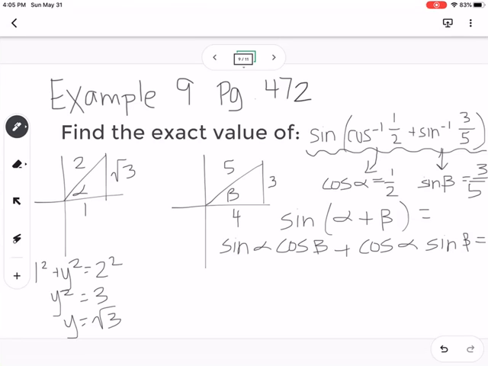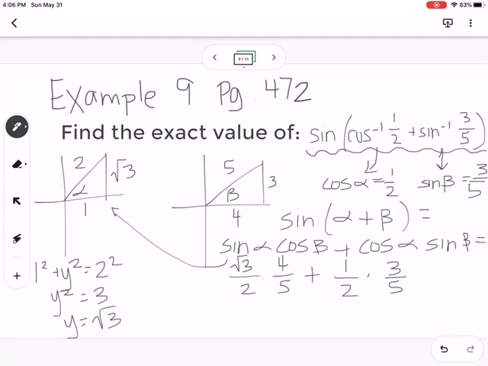All right, so sine of alpha, so I'm going to go to my alpha triangle, so my first triangle. I'm going to go opposite radical 3 over hypotenuse. Okay, cosine of beta is going to be adjacent over hypotenuse. And then cosine of alpha, back to the first triangle, cosine's adjacent over hypotenuse, and sine of beta opposite over hypotenuse.